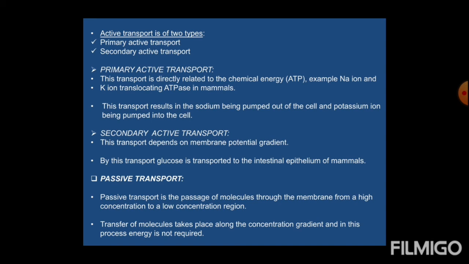Children, integral proteins can also be known as channel proteins, meaning they are acting as a channel, as a path. And carrier proteins are external proteins. I told you they are the proteins which are floating on the surface of the plasma membrane, so they can act as carrier proteins. So either with the carrier, the substance is going to cross the plasma membrane, or through the channel, the substance is going to cross the plasma membrane. This type of diffusion is facilitated diffusion. Now I am going to show you in the diagram.